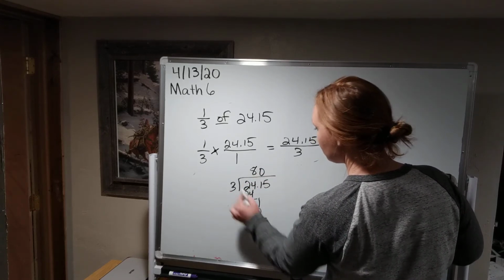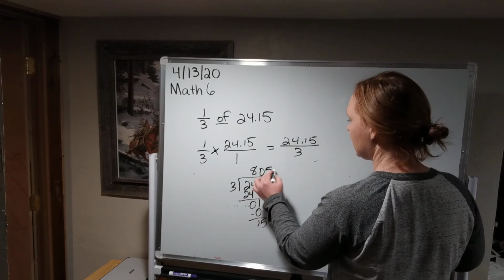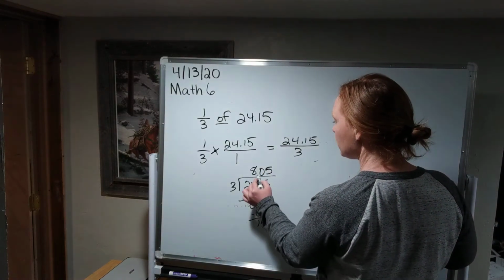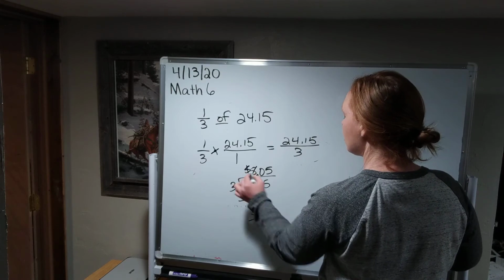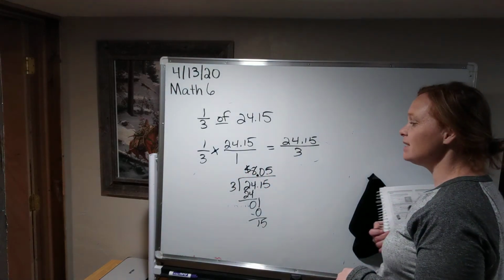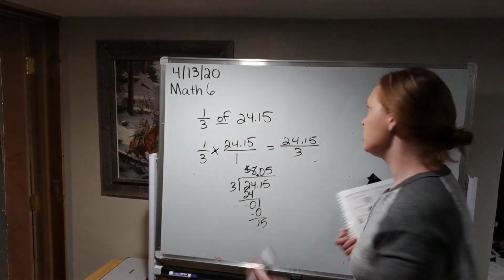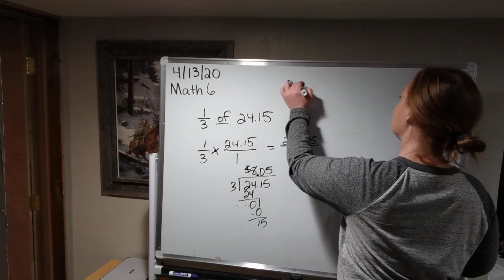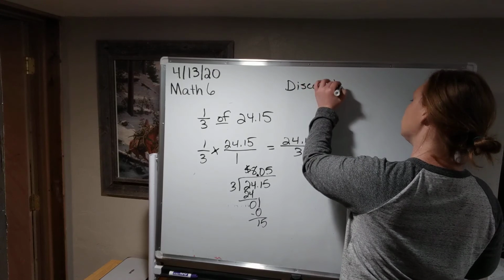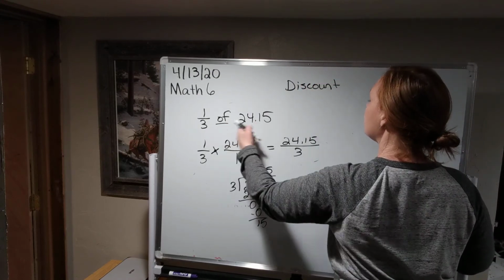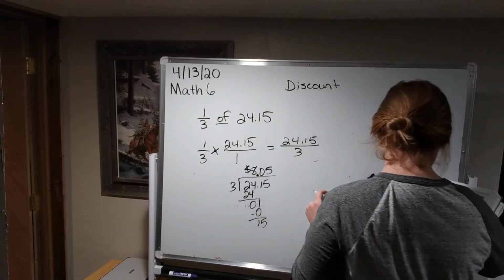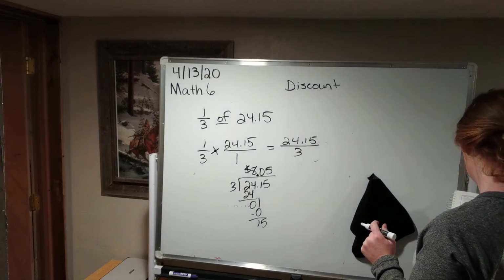Bring down the 5. 3 will go into 15 5 times. Bring my decimal point up. Okay, $8.05. But is that how much we paid for the book? No, that's the discount. So that's the first part of my answer. I got a discount. 1/3 off of this is $8.05.